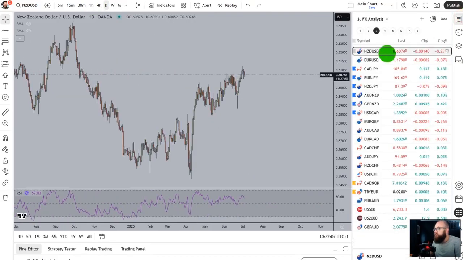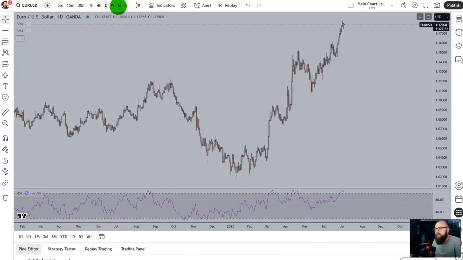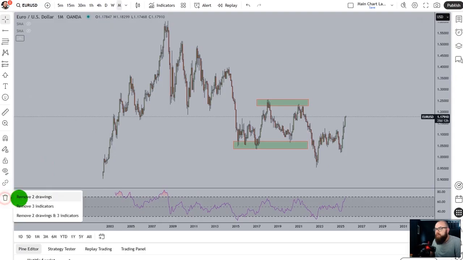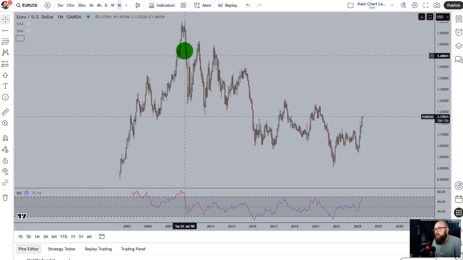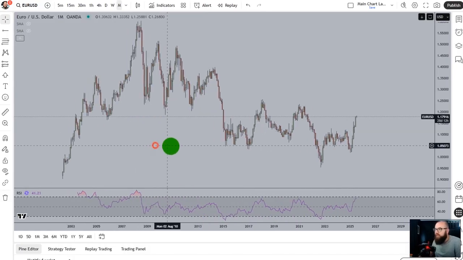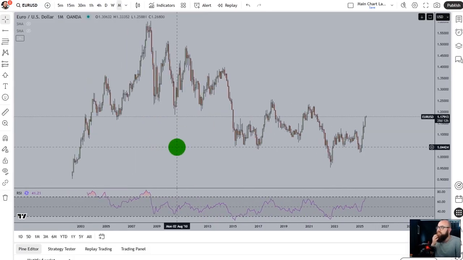Okay, back to diagonal support and resistance. Let's try our Euro US dollar. On this monthly chart, can you see any diagonal support and resistance? Look at the swings. If you don't know what swings are, then you need to take my basics course. But look at the swings, the swing highs, the swing lows.